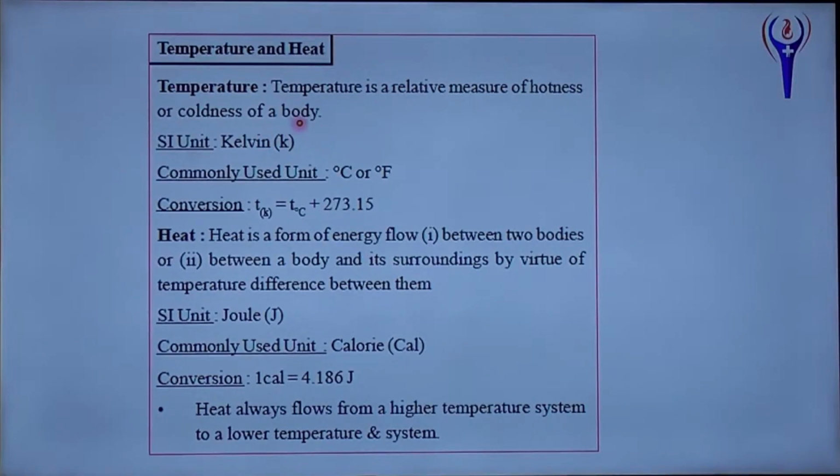That is called temperature. The SI unit of temperature is Kelvin. Other commonly used units are degree Celsius or degree Fahrenheit. For conversion from Celsius to Kelvin, T Kelvin equal to T degree Celsius plus 273.15.